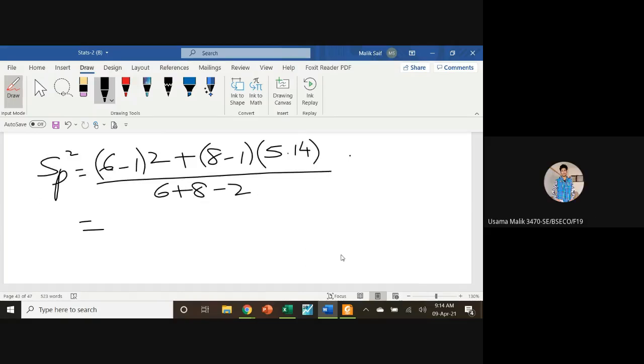Sir, 27.24. Sorry. No, sir, it will be 10 plus 5.14 multiplied by 7. Yes, Zohaib, what is the answer? 7 multiplied by 5.14. The answer is 35.98.